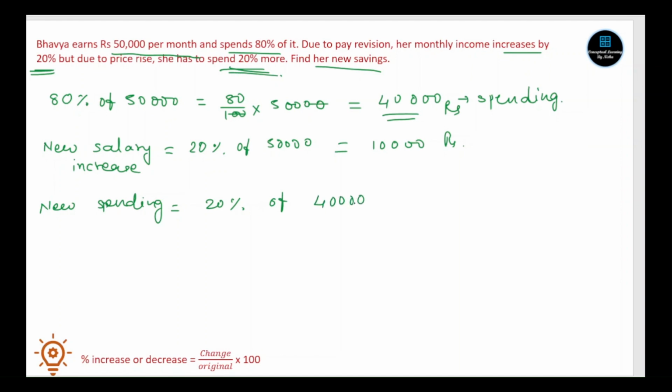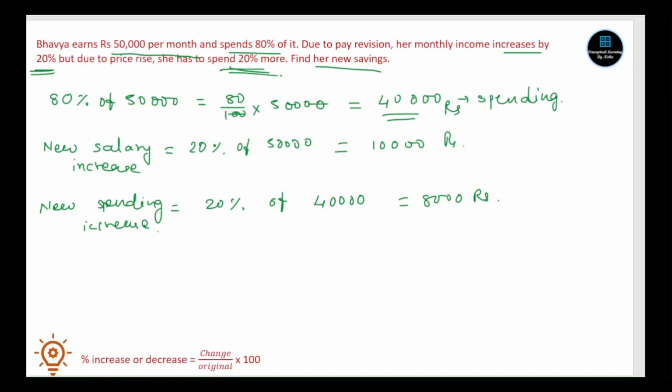Okay, this is the old spending and you can find this as 8,000 rupees. So she can spend 8,000 more. So this is the increase. Okay, so what I can say now, her new savings.